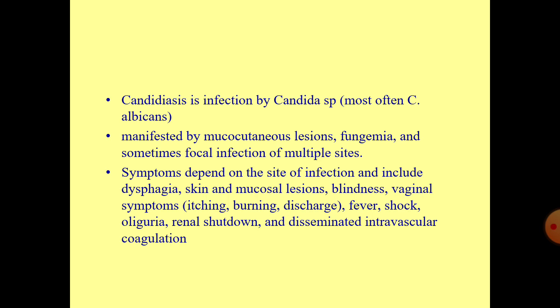It can be localized, involving the skin or mucocutaneous, or disseminated, which can involve different organs like the eye, the renal system, the cardiac system, or, like other bacterial infections, it can cause disseminated intravascular coagulation.